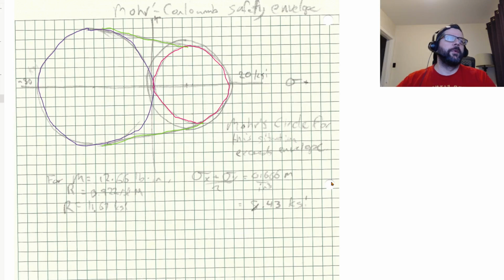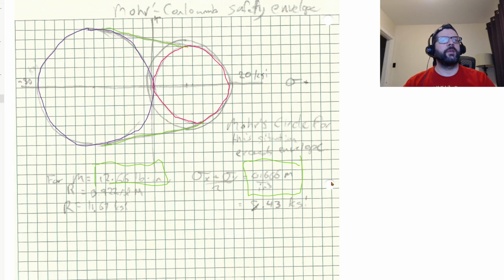So what is the Mohr's circle for this situation? Again, we know what our moment is, and we know the center of the circle is based upon the moment: 0.666 M per inch cubed.